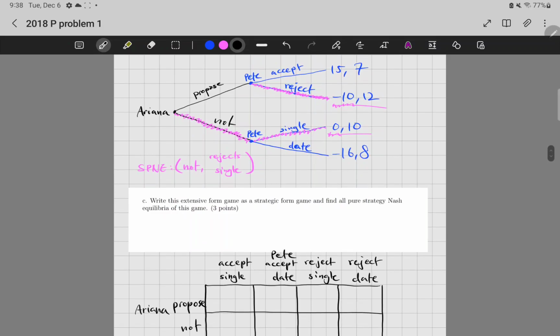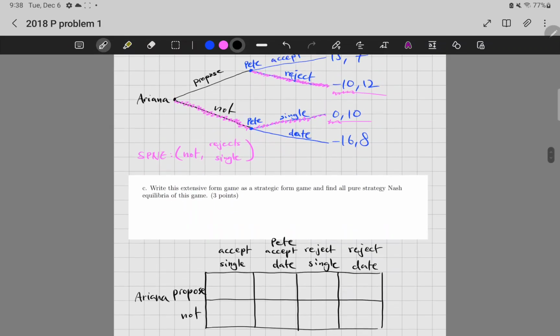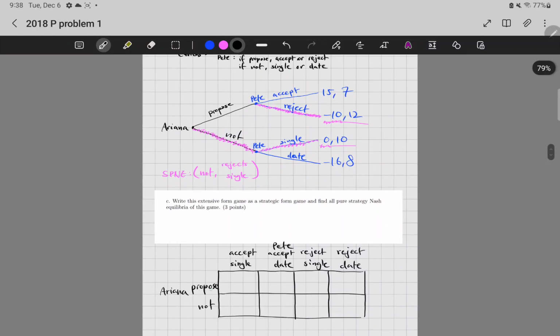Now the payoffs we can derive from the first extensive form game. So if Ariana proposes and Pete accepts, they get a payoff of 15 and 7. However, if Ariana does not propose and Pete stays single, they get a payoff of 0, 10. We can just fill out the rest of the boxes in this manner.